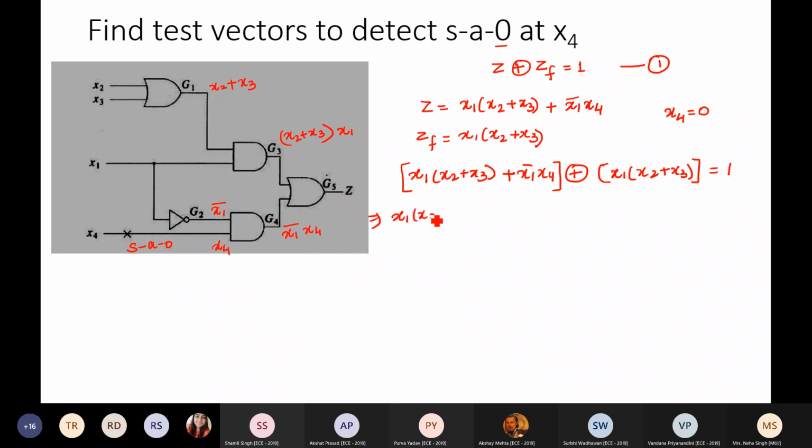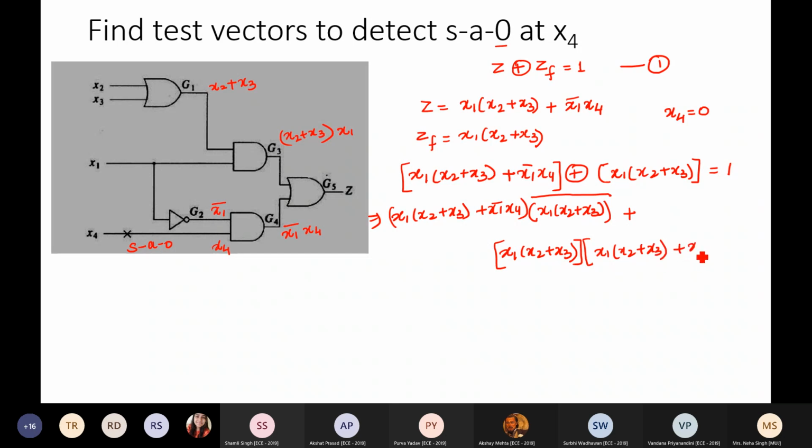I expand this for XOR: A into B bar, where B bar is x1 into x2 plus x3 a whole bar, plus B, that is x1 into x2 plus x3, into A bar, which is x1 x2 plus x3 plus x1 bar x4 whole bar.